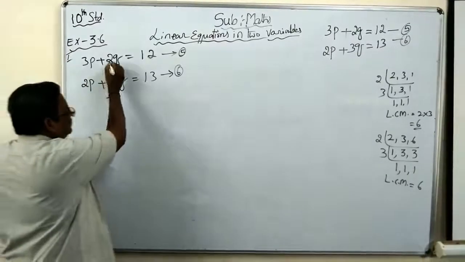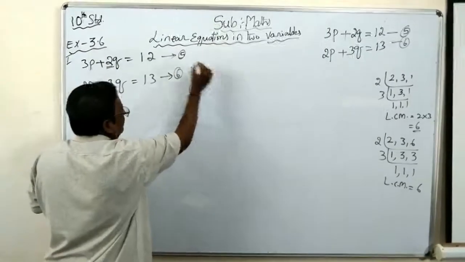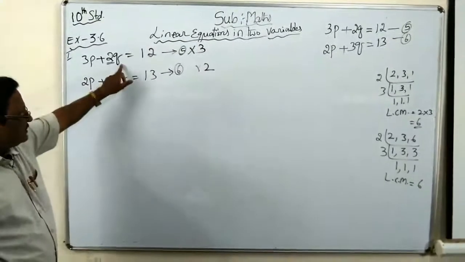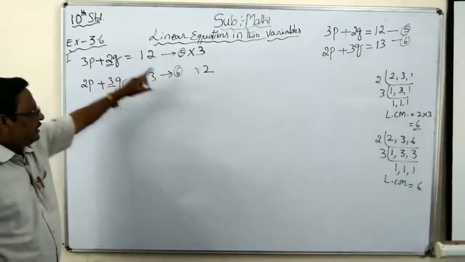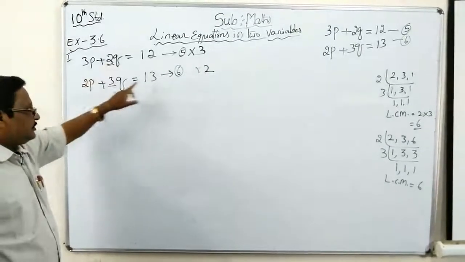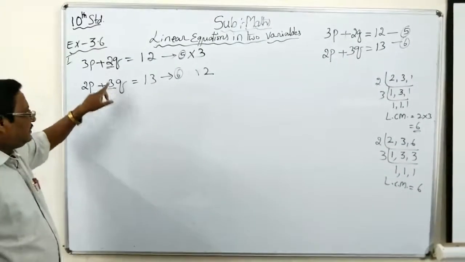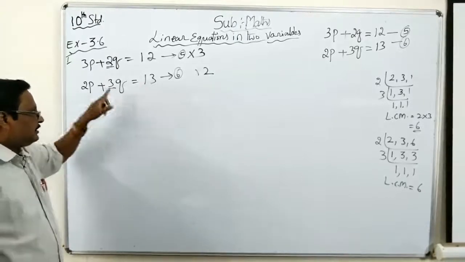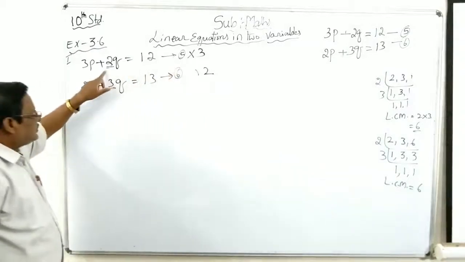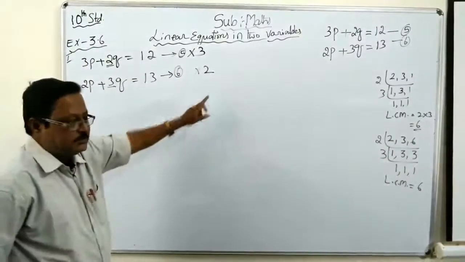It means this 2 is multiplied by this equation, this 3 is multiplied by this equation. In the fifth equation, what is the coefficient of q? 2. In the sixth equation, what is the coefficient of q? 3. The sixth equation's q coefficient is multiplied by the fifth equation, and the fifth equation's q coefficient is multiplied by the sixth equation.